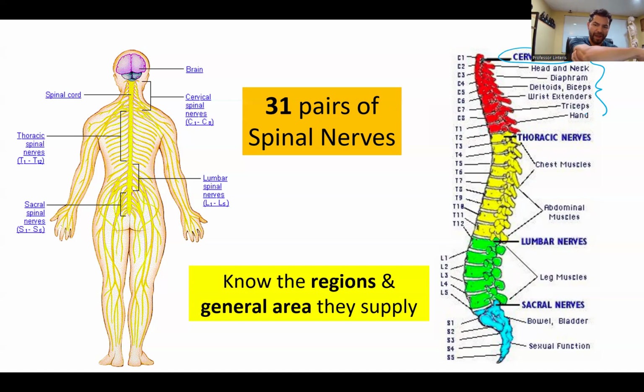Flexors, extensors, tricep, etc. Your thoracic region has nerves that go to more of the thoracic region, like your chest and abdomen, some core musculature and things like that. Your lumbar nerves go to leg muscles, as do some sacral nerves, which we'll talk about. But a lot of sacral nerves control other functions that aren't necessarily muscles. So you should have a general idea, but if you know the body breakdown, top, middle, bottom, you'll probably be okay.